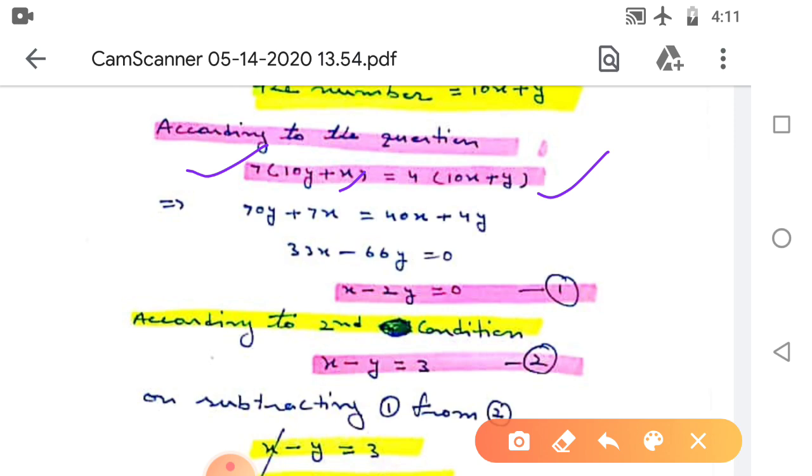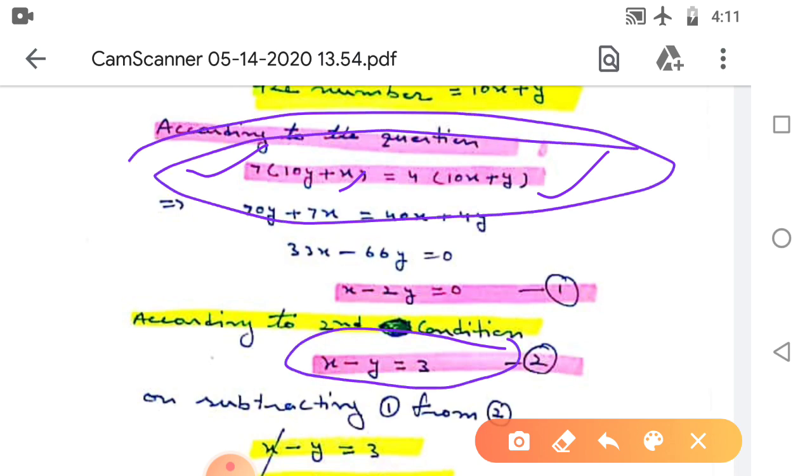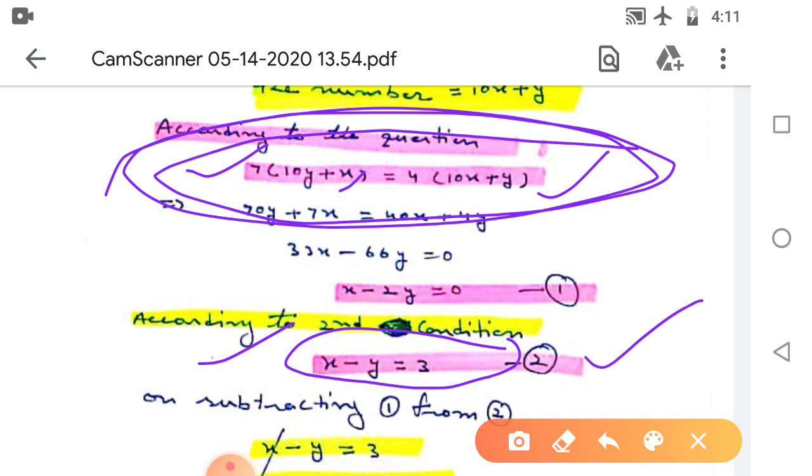It means the unit place digit is more than the tens place digit. So that is why the second equation is x minus y is equal to 3.